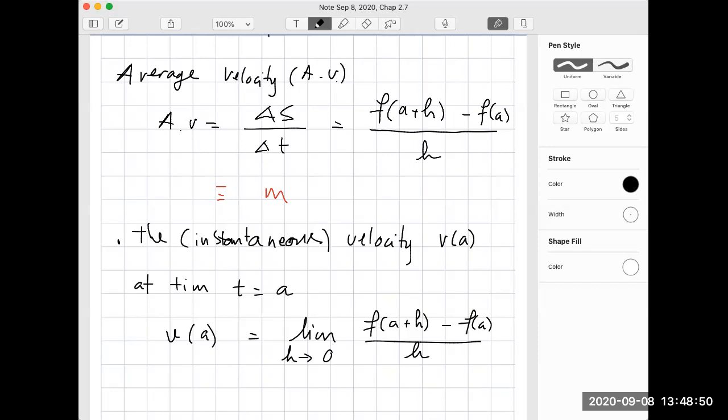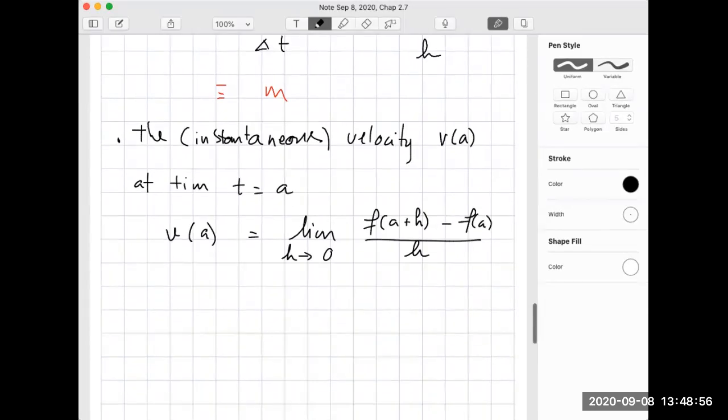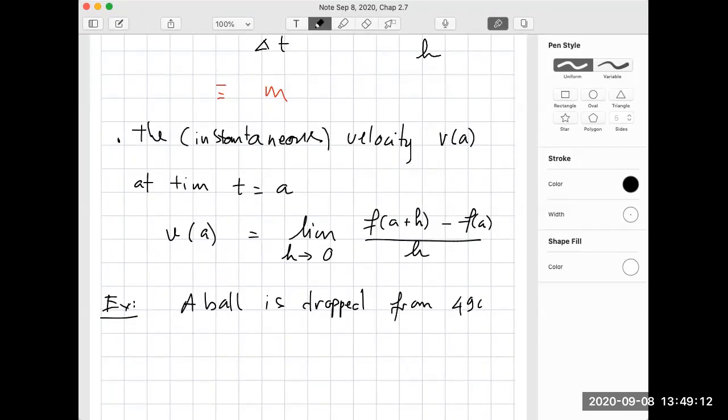Now let us consider a problem that we did already in section 2.1. A ball is dropped from 190 meters above the ground.